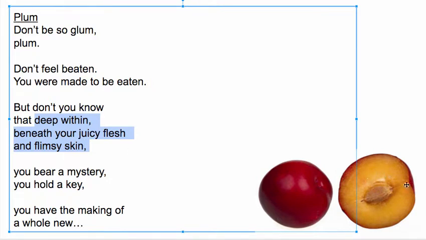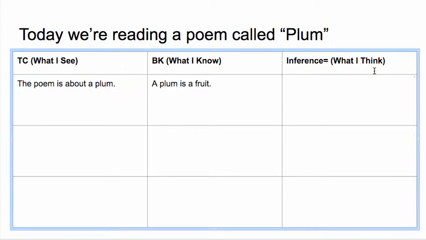This is in the middle, under all of this flesh, which is on the outside, and the skin, all of that. In the middle holds the key to a whole new plum. So my inference is that plums can make new ones when we get their seeds and plant them.